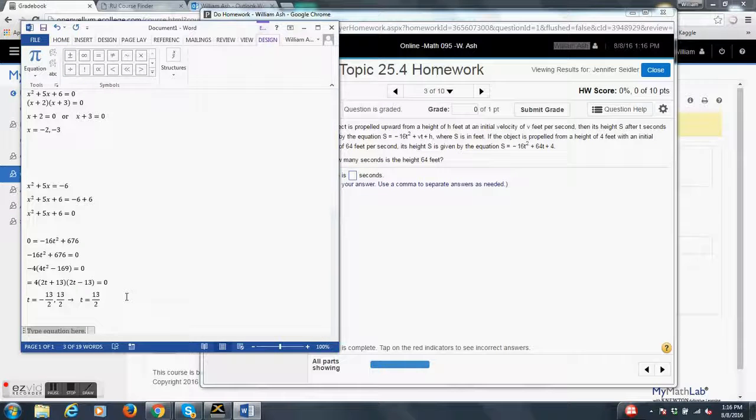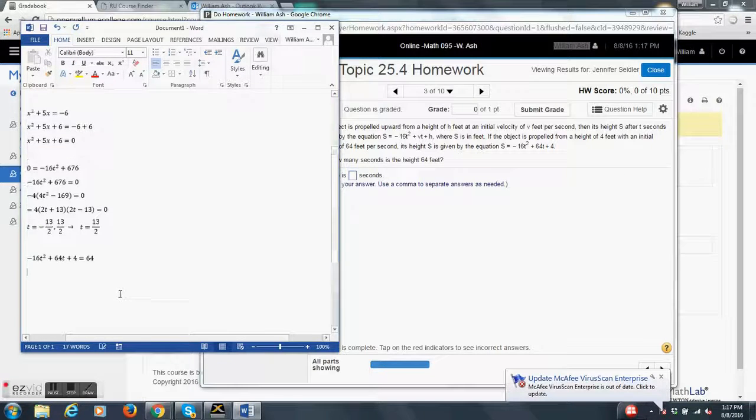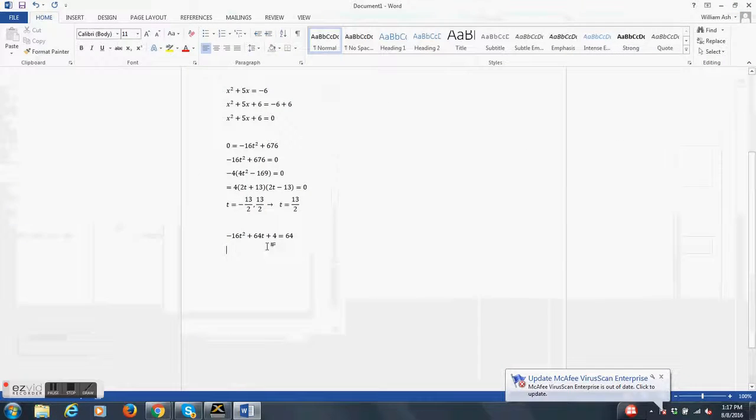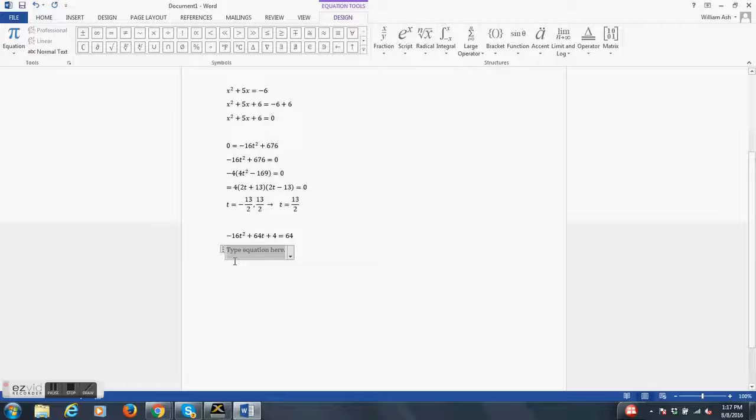So I got negative 16t squared plus 64t plus 4 equals 64. He's not going to work yet because I have to get it to 0, right? So I'm going to subtract 64 from both sides.